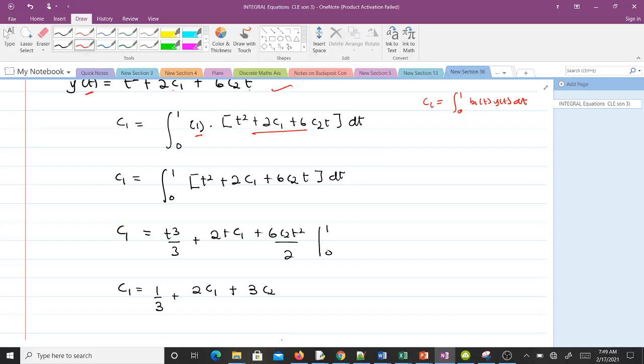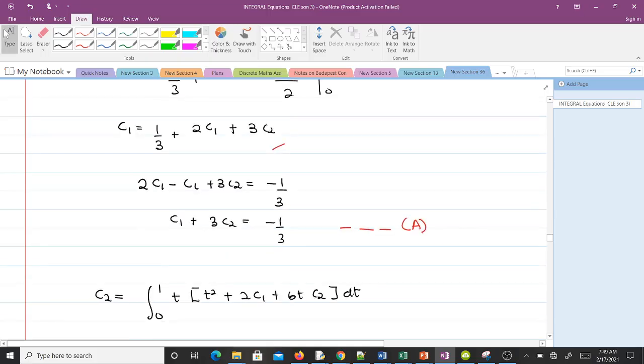That means you have the integral from 0 to 1 of t squared plus 2c1 plus 6c2t dt. When we integrate with respect to t, we have c1 equals t cubed over 3 plus 2tc1 plus 6c2t squared over 2, with limits 0 to 1. Putting in our limits and simplifying further, we get c1 plus 3c2 equals negative 1 over 3.